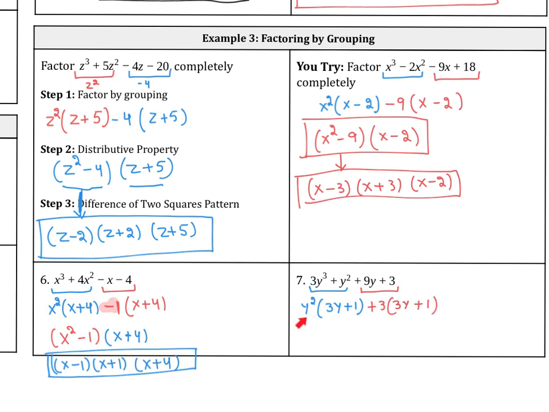Now the outer terms make one factor, so that's y squared plus 3, and 3y plus 1. You have two factors, y squared plus 3 times 3y plus 1. Now we cannot break this anymore because it's not a difference of squares, it's actually a sum of squares. So we don't have any formula to break a sum of squares. So this will be as it is.